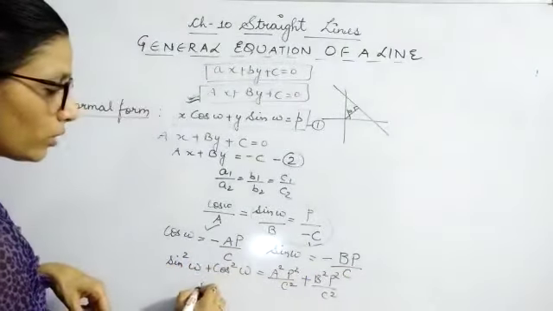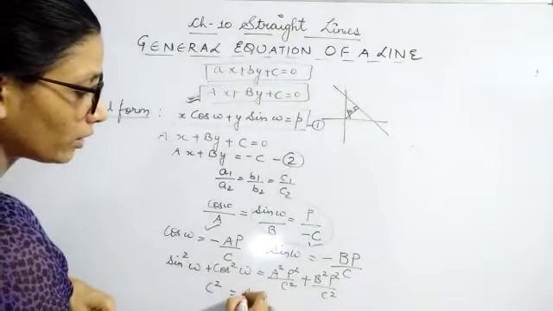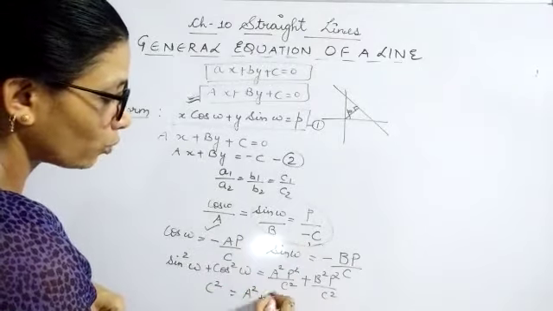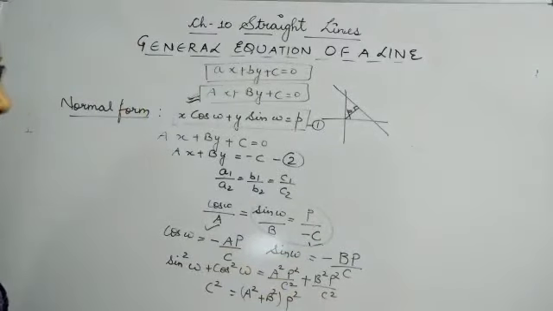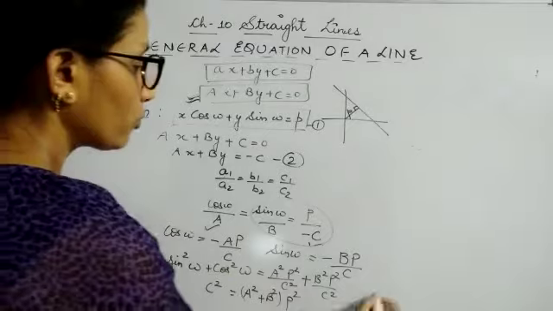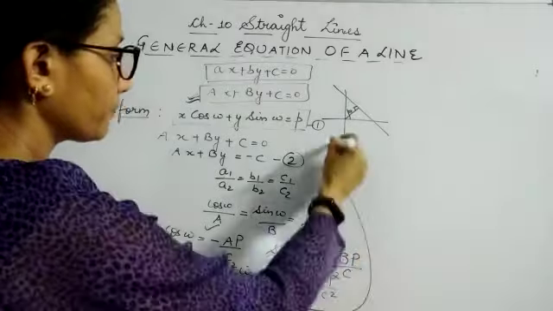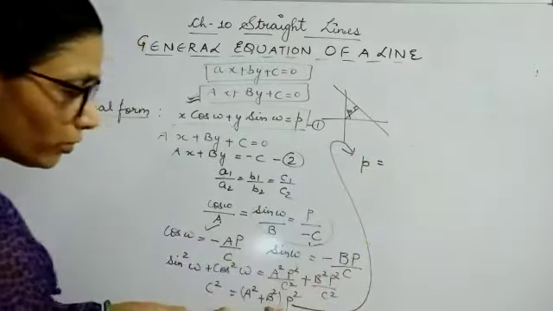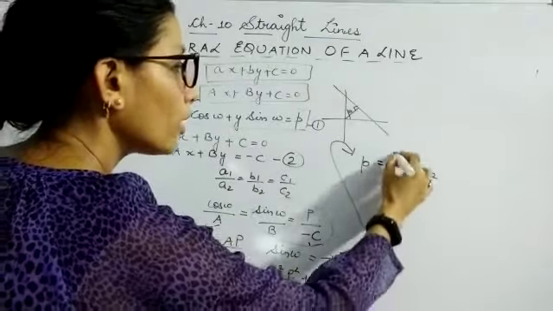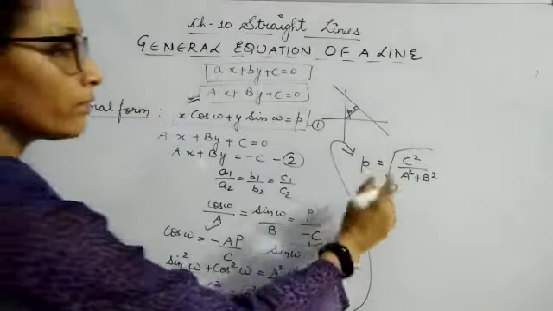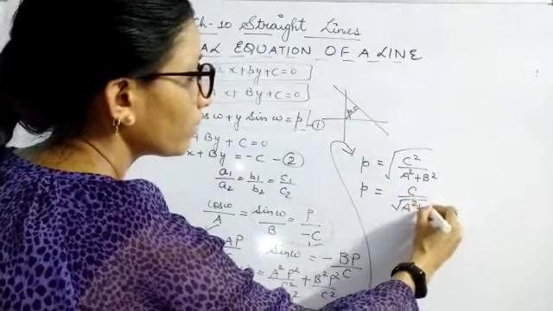This equals 1. Taking c square to this side, it can be written as c square equals p square times a square plus b square, with p square taken common. Now I can find the value of p from here, which gives p equal to under root of c square upon a square plus b square. Because this is p square, I am calculating the value of p, and simply this can be written as c upon under root a square plus b square.